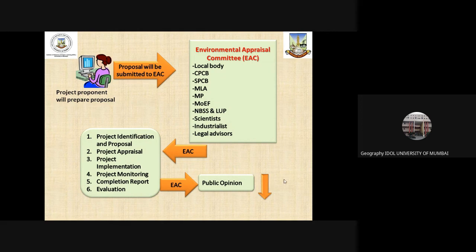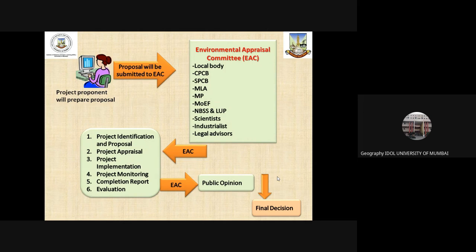After public opinion, if all the local people accept the proposed project, then the final decision of sanctioning this particular project and the environmental clearance will be offered to the project proponent.